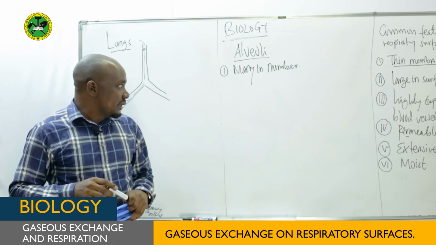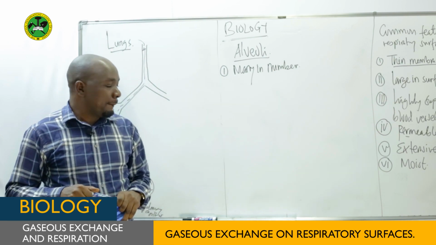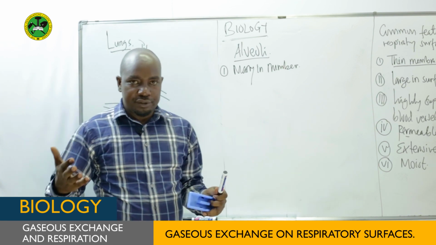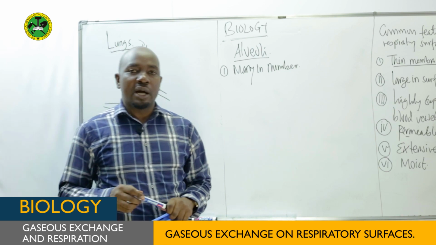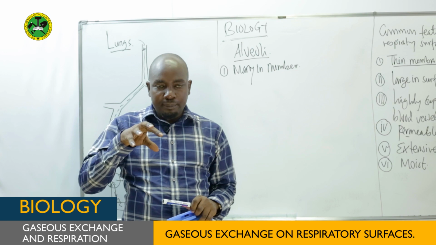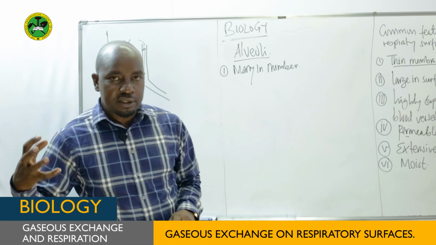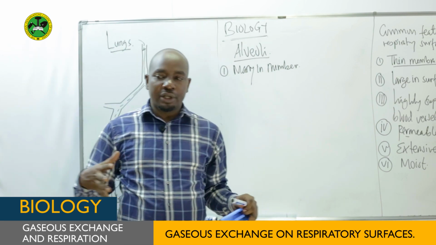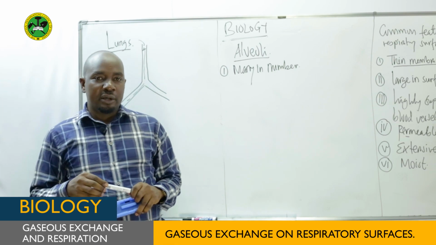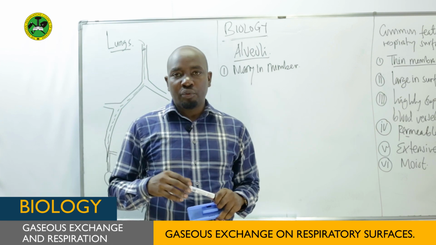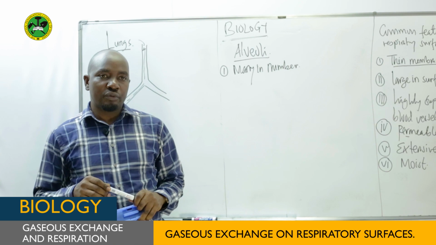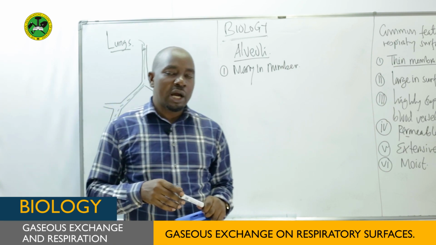The advantage of being many in number is that they increase the surface area of gaseous exchange. Or being many in number, they facilitate a rapid exchange of gases. Much oxygen will diffuse in, and a large amount of carbon dioxide will diffuse out.